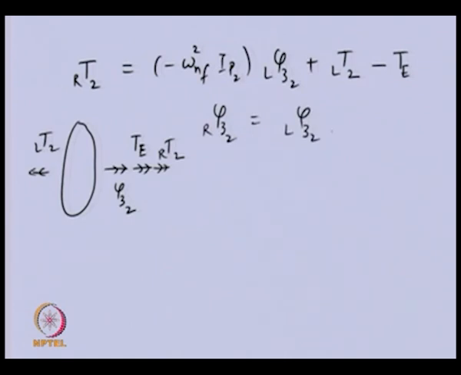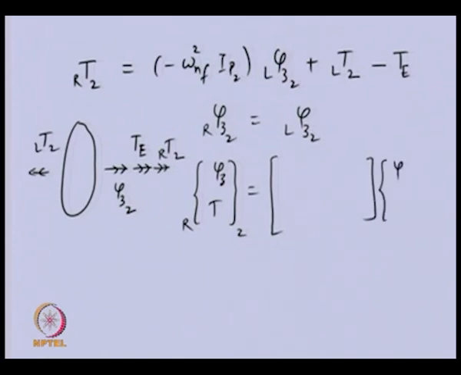Now these two equations, as we combined earlier, can be combined. So, we will have the field variable right of disc 2 equal to the field variable left of disc 2.